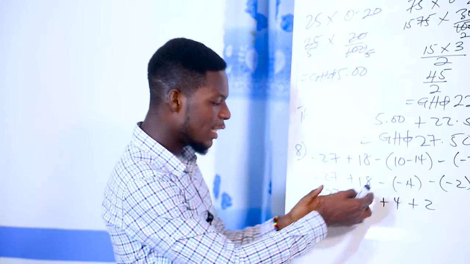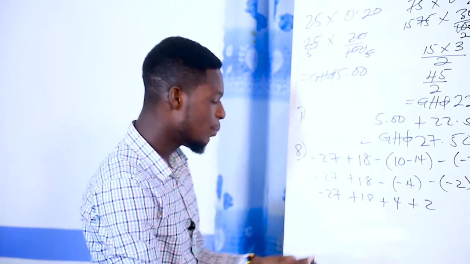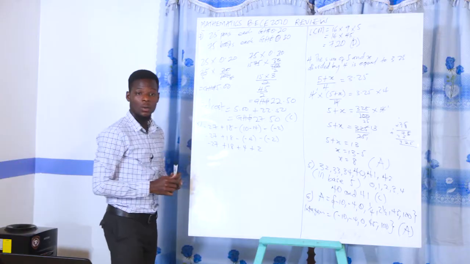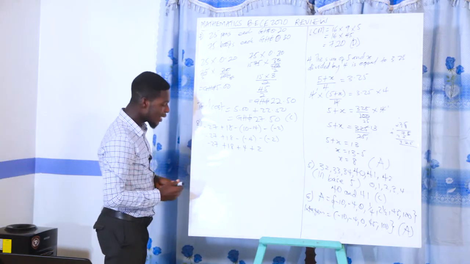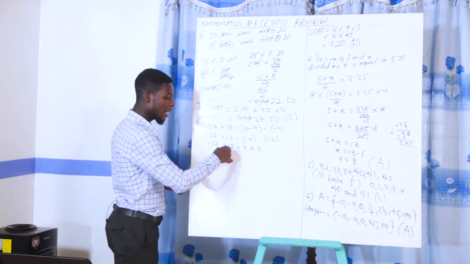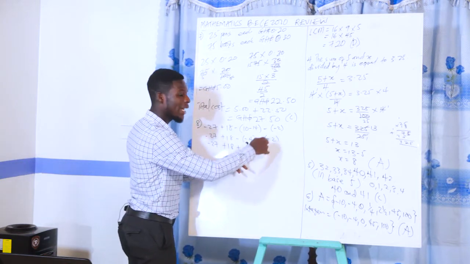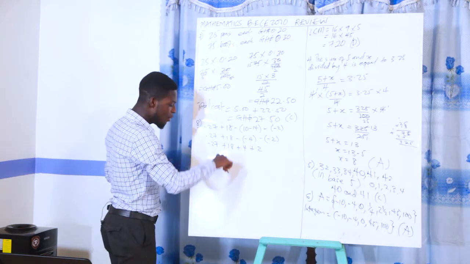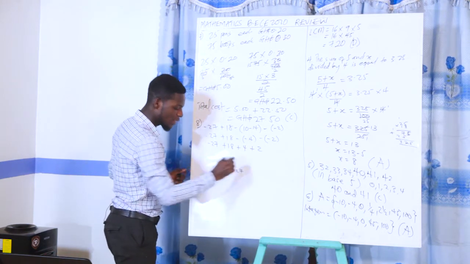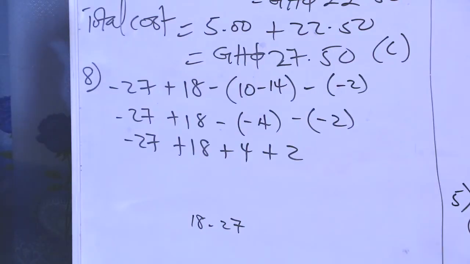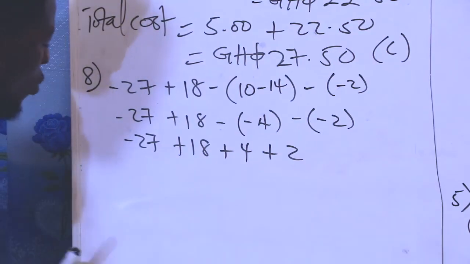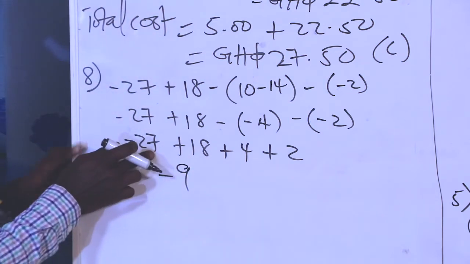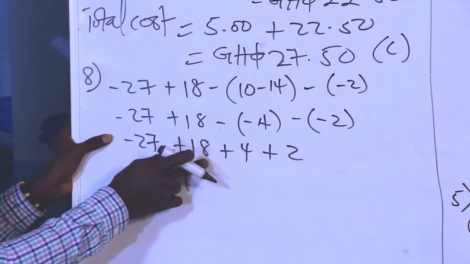Now we have addition, addition, addition. So we can just simply solve. Minus 27 plus 18 plus 4 and plus 2. So minus 27 plus 18 can be written as 18 minus 27. Are you getting it? All right, so let's go. That will give you 9. So negative 9, because the 27 is minus, 18 is plus.